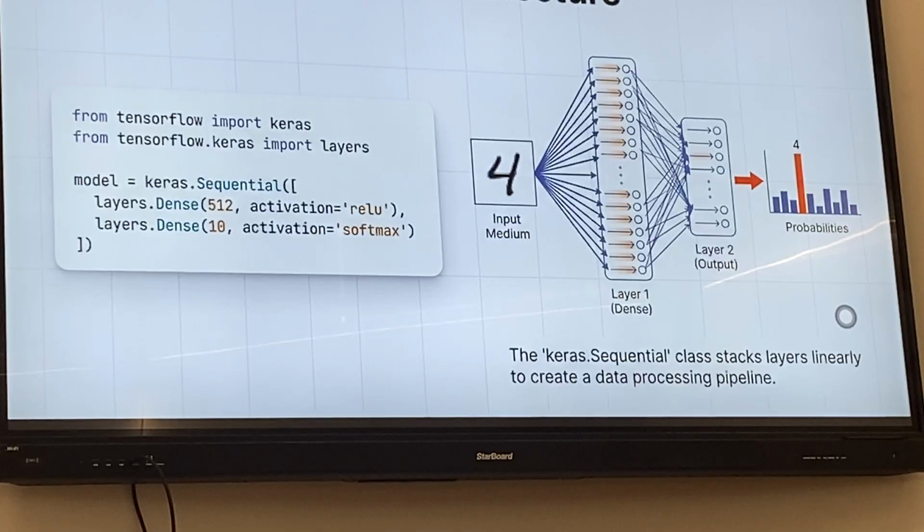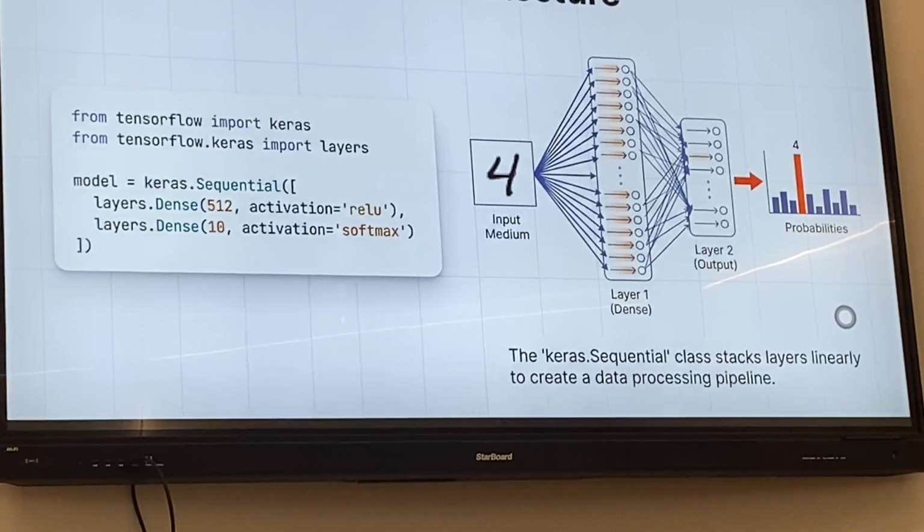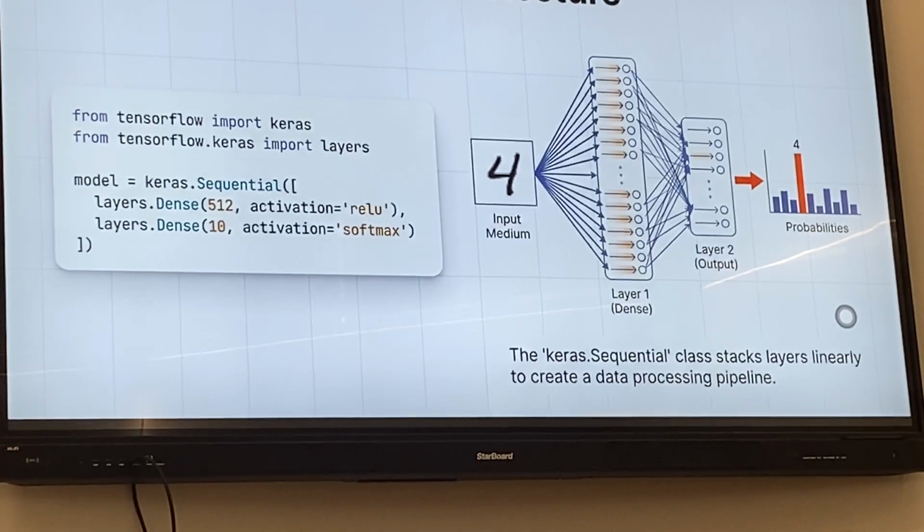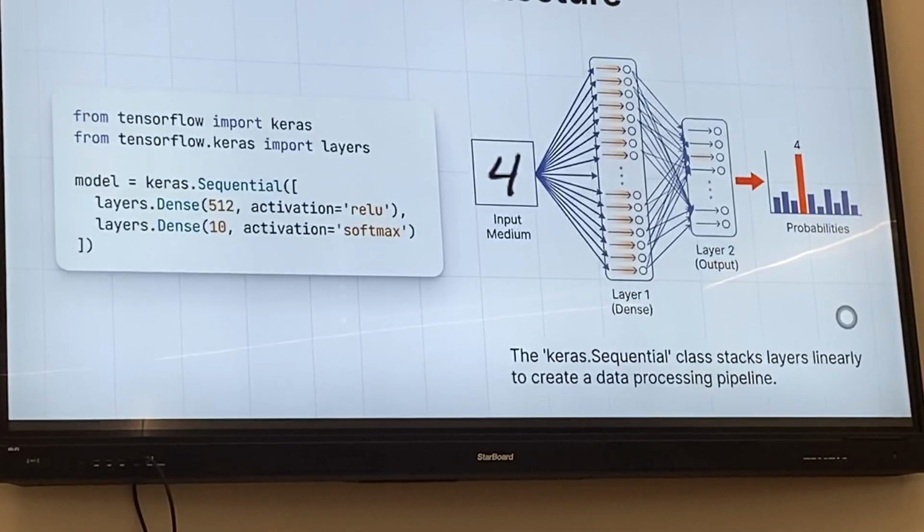What does 512 denote? Yes, the number of neurons in the layer. Very good. So we have layer number 1, and the 512 means that I want 512 neurons within layer number 1, within the hidden layer.